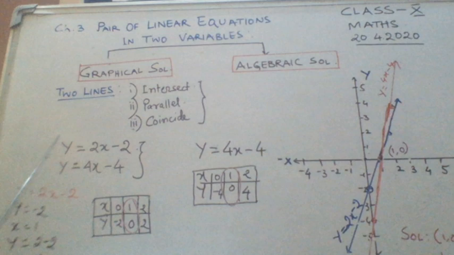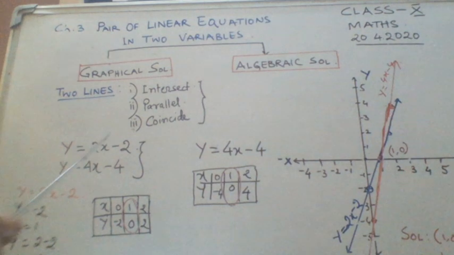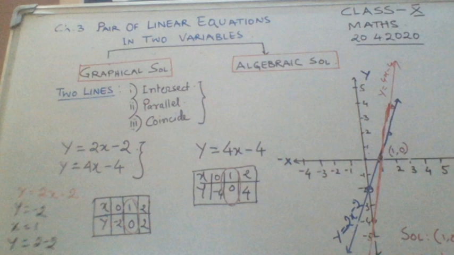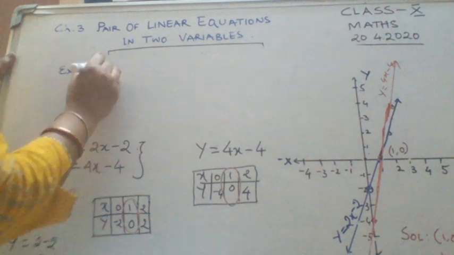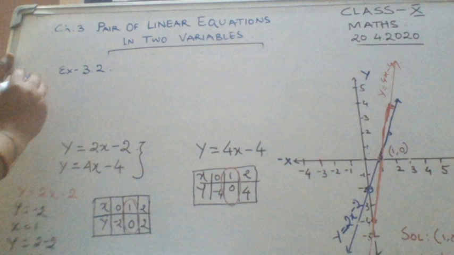Okay, you try it on your own, find out the points. I give you few questions from your textbook only. That is exercise 3.2 for homework. Exercise 3.2 is where we are supposed to do the graphical solutions. I will give you the questions, not question number 1 because that is a word problem.